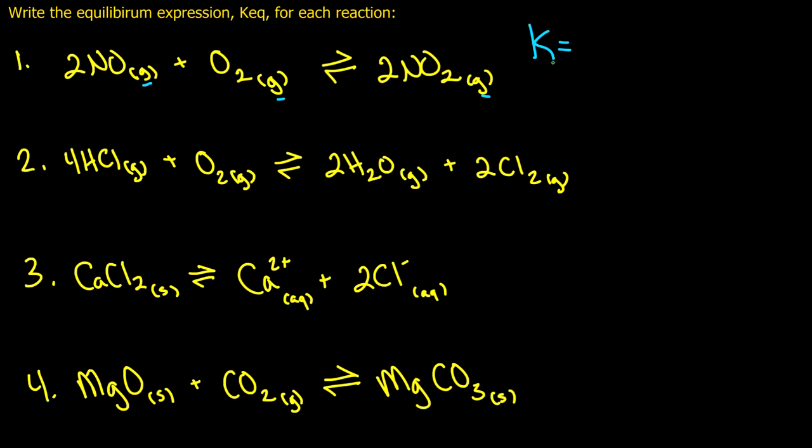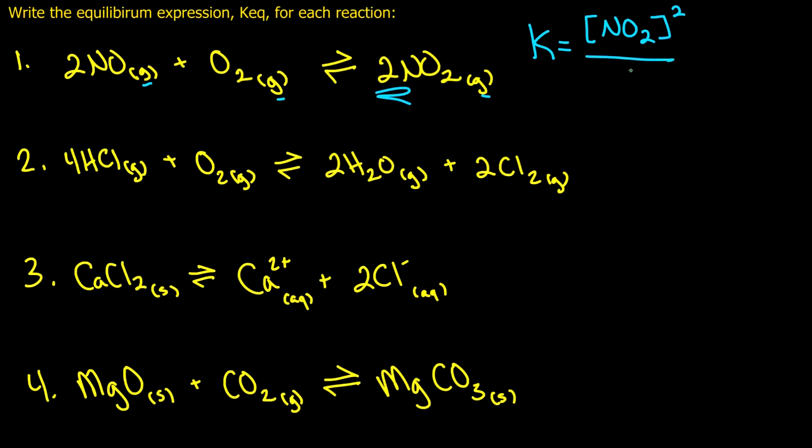That's products over reactants. Products are on the right side. So my first and only product is NO2. I'm going to express it in concentration, and I've got to raise it to a power. Its power is its coefficient in the balanced equation, so that's going to be squared because it's 2.